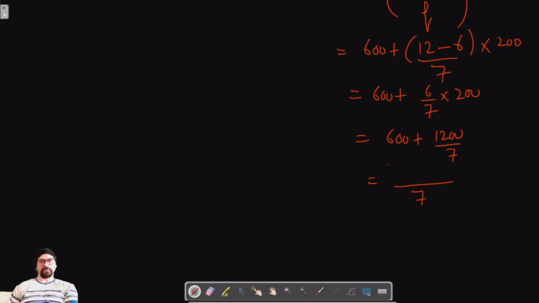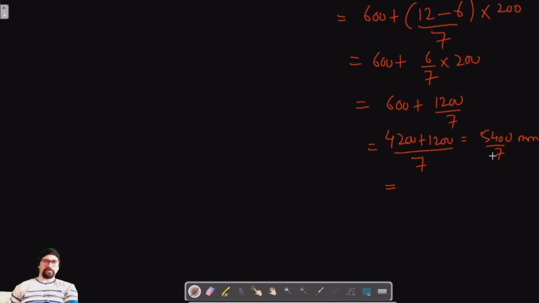So the LCM is 7, 4200 plus 1200, which is 5400 divided by 7 millimeter, and 5400 divided by 7 is, 7 sevens are 49, 7 ones are 7, 4 sevens are 28.